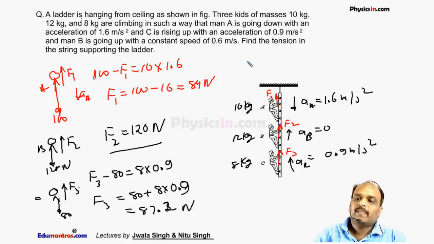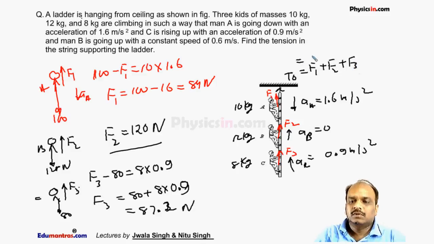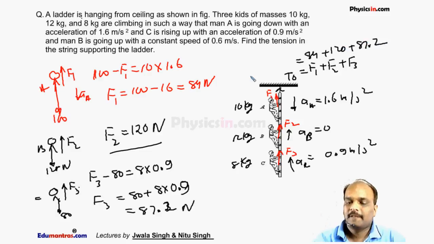So the total force experienced by this ladder is T naught, and this T naught is equal to F1 plus F2 plus F3, which is 84 plus 120 plus 87.2.